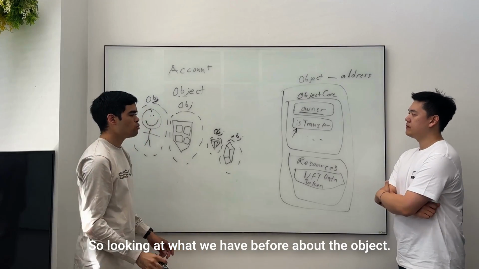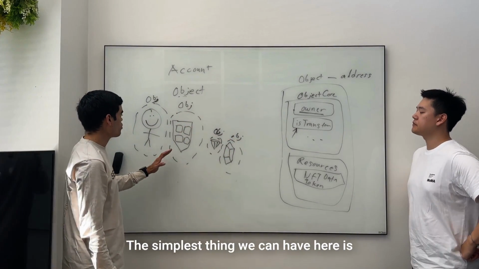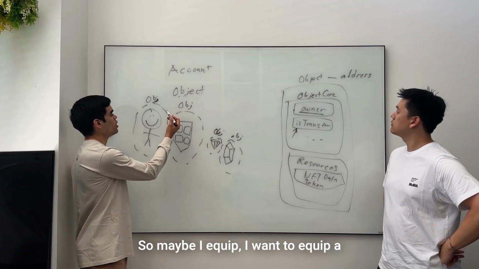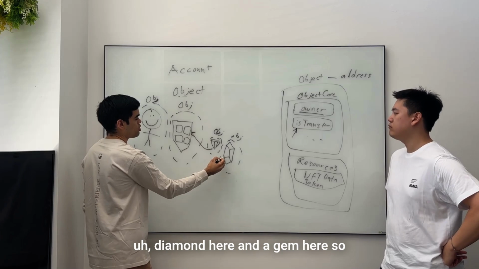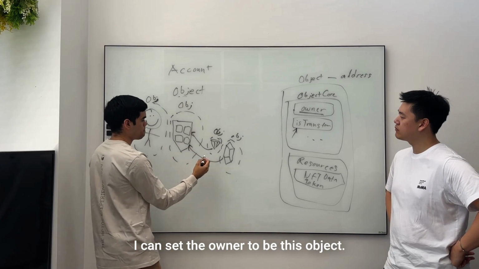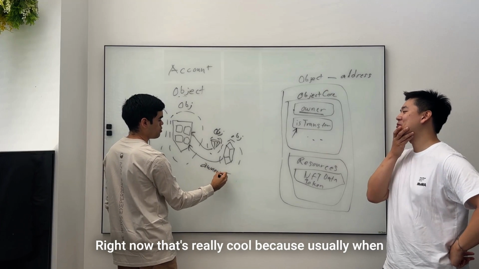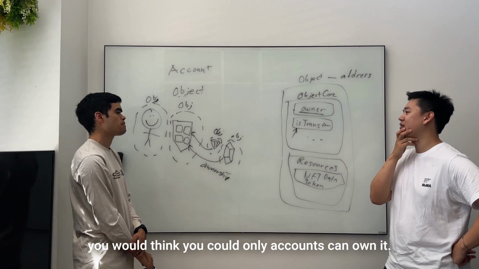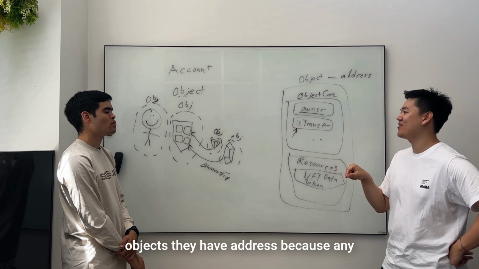Looking at what we had before about the object, the simplest thing we can do, instead of moving the data around, is just change the owners. Maybe I want to equip a diamond here and a gem here, so I set the owner to be this object. Usually you would think only accounts can own it, but objects can own objects because they all have addresses.